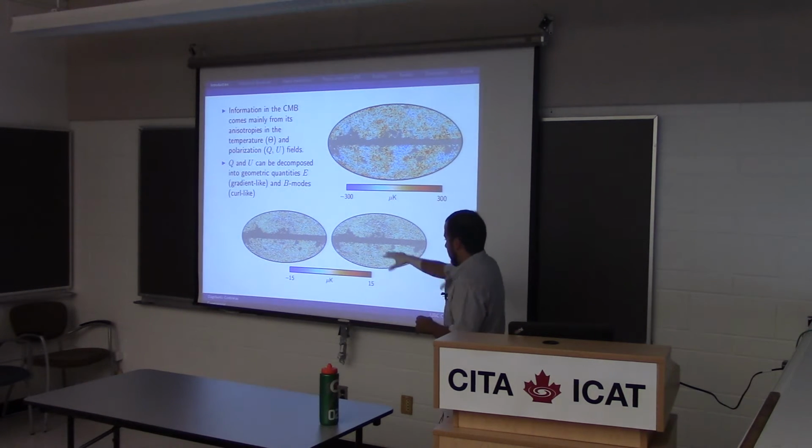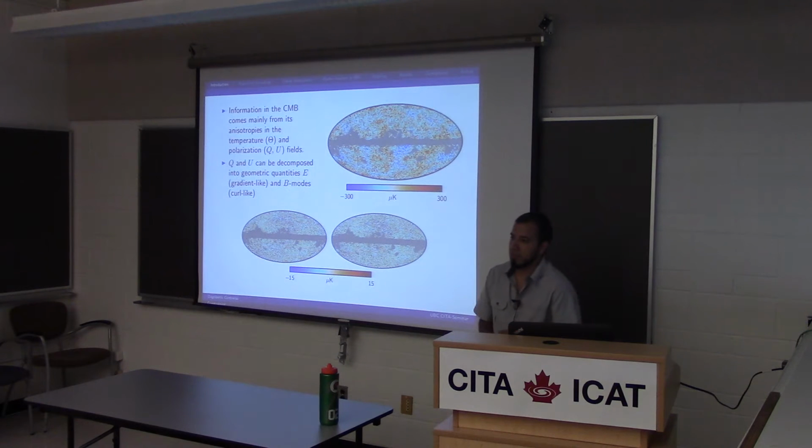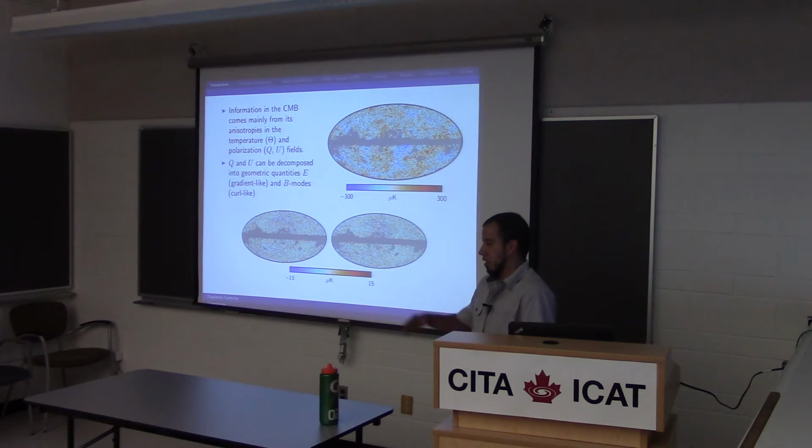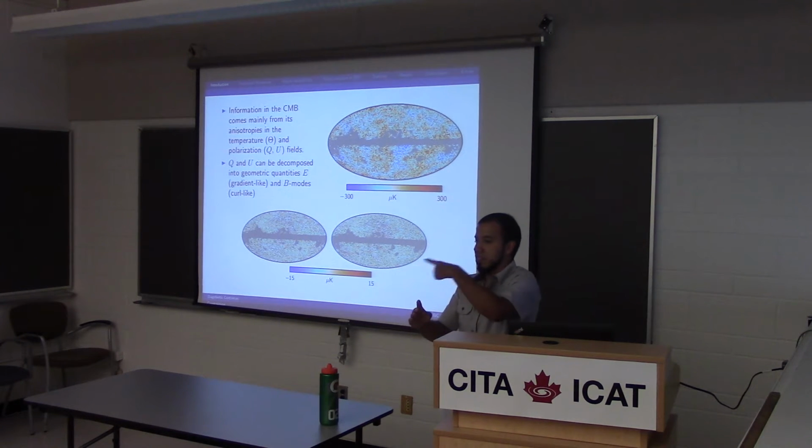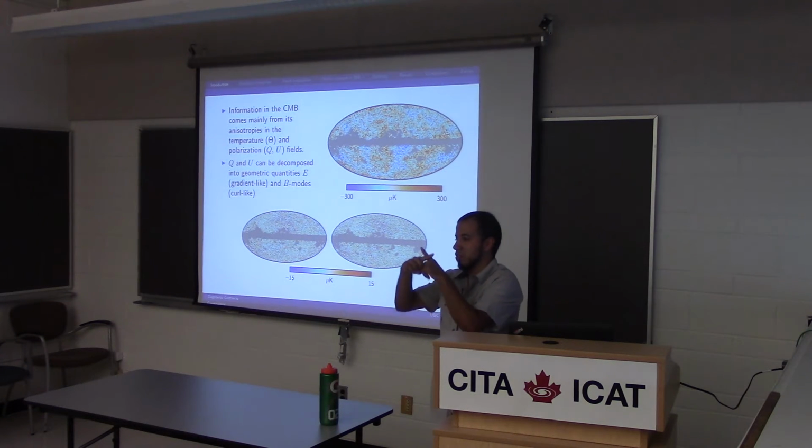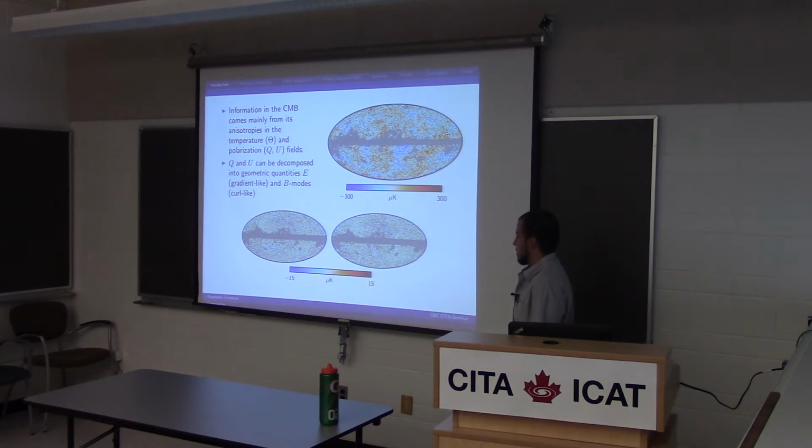And these bottom plots are the polarization plots. So the Stokes Q and U parameters. Q is just what's the intensity here minus here, and then for U it's just rotated by 45 degrees.